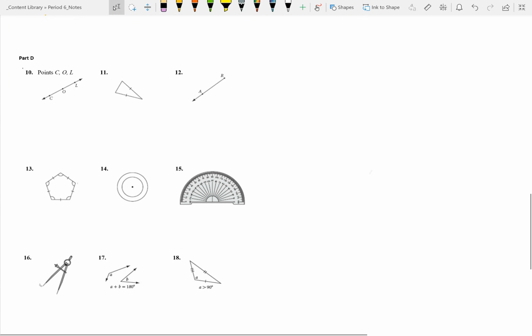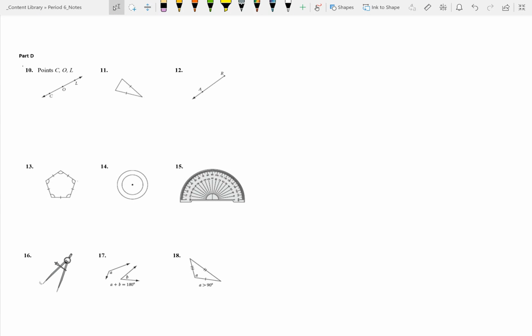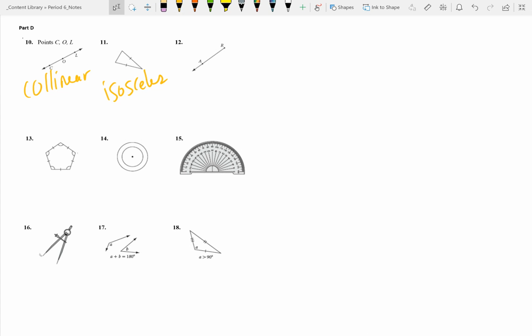Okay, we have points C, O, and L. 3 points on the same line are called collinear. 2 sides congruent for a triangle, isosceles. Ray RA, right? So make sure that the arrow is on the side of the A, because that's where the arrow is pointing.